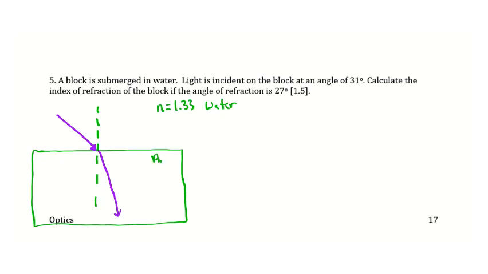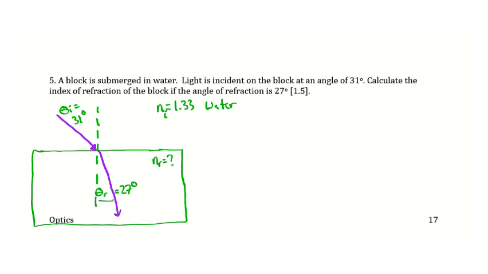And nr is equal to question mark. And this is ni because it's what we're starting in. And we know that this angle is given as 31 degrees. That's theta i. And theta r, we measure experimentally to be 27 degrees.